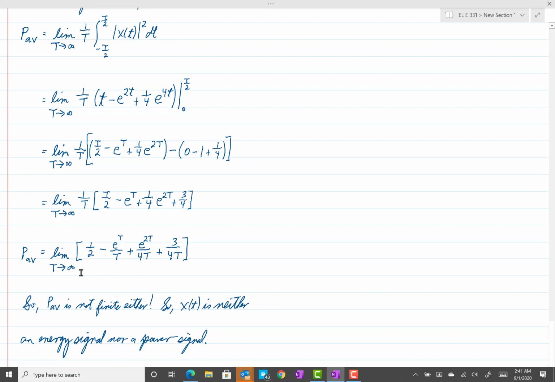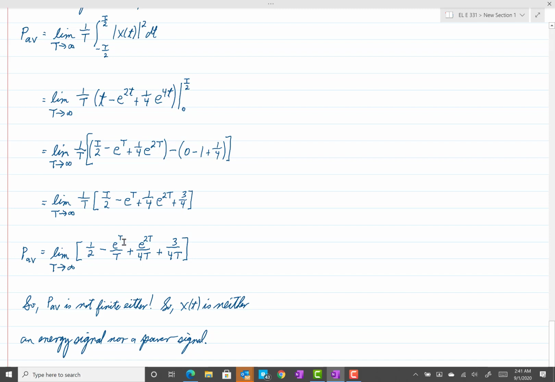And now as T goes to infinity, this last term will go to 0 because of the T in the denominator. The first term remains finite. But for the second term and the third term, admittedly, the T in the denominator of both of those terms will tend to make the terms get smaller.